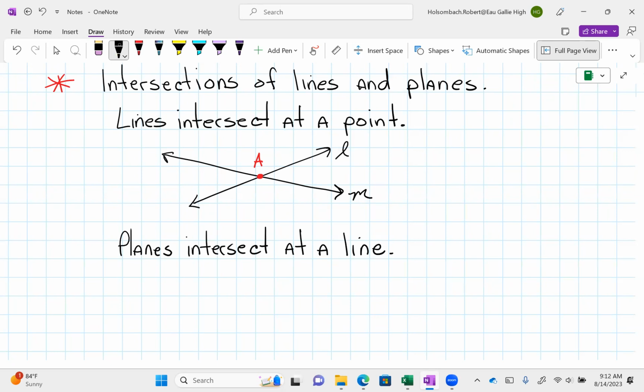So the ceiling and the front wall intersect at a line. It's at the front of the ceiling and the top of the wall. And then the front wall and the floor intersect at a line, don't they? Okay. So planes intersect at a line and lines intersect at a point. Very important.